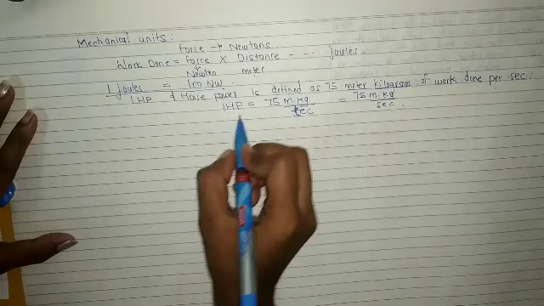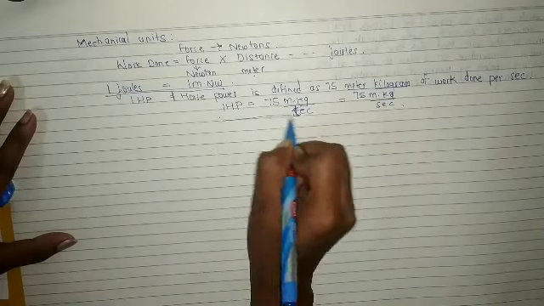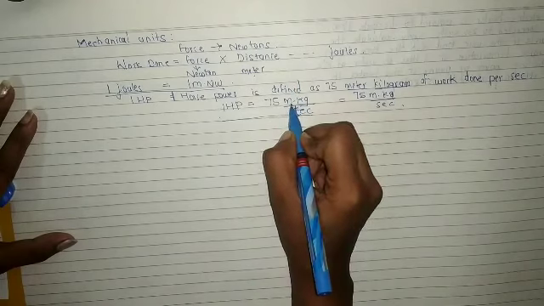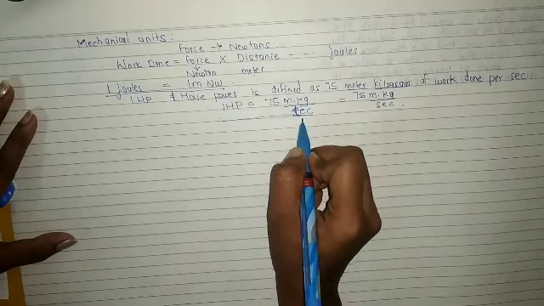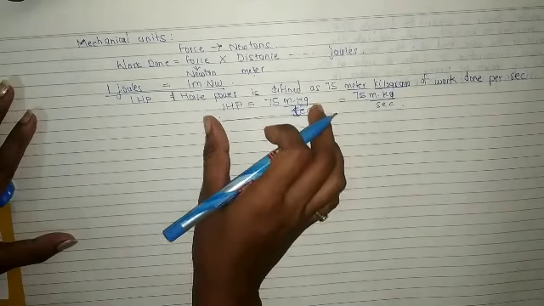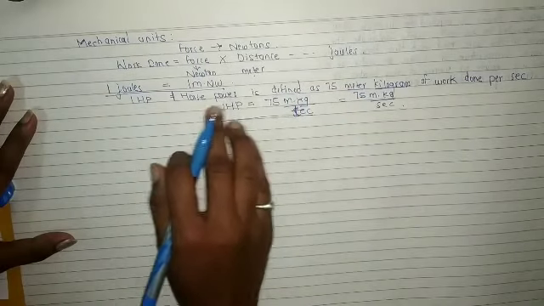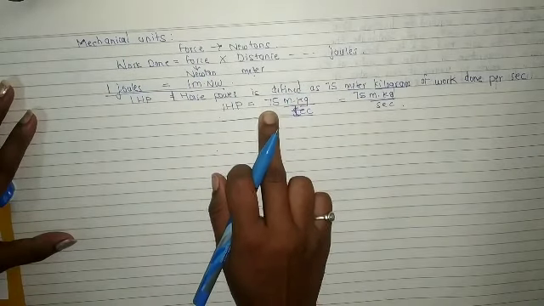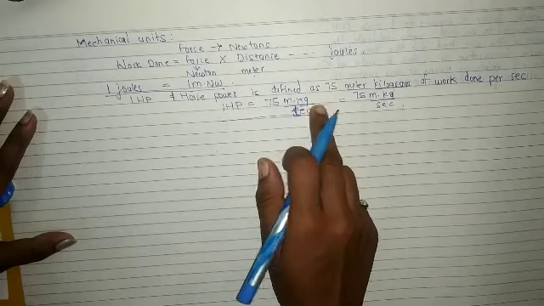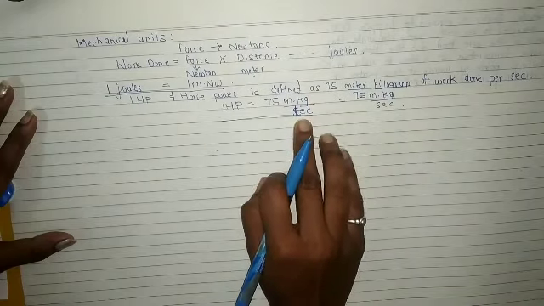From this, remember that 1 HP is equal to 75 meter kilogram per second. So the definition of 1 horsepower is 75 meter kilogram of work done per second.